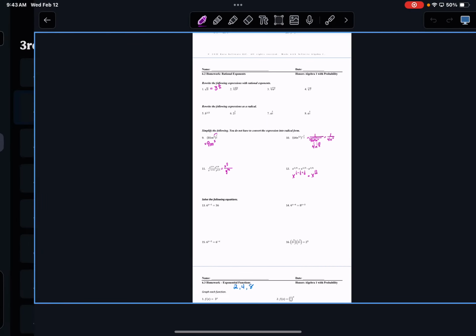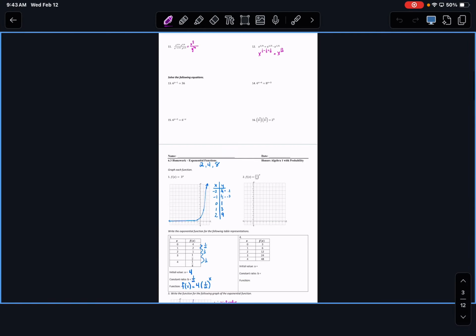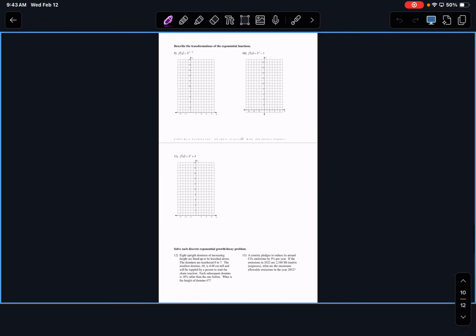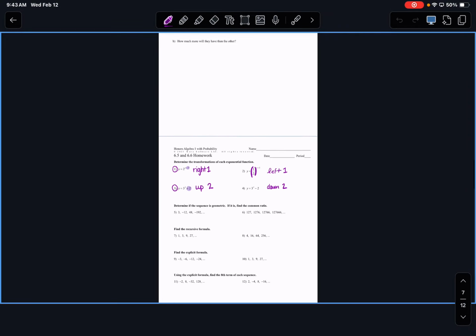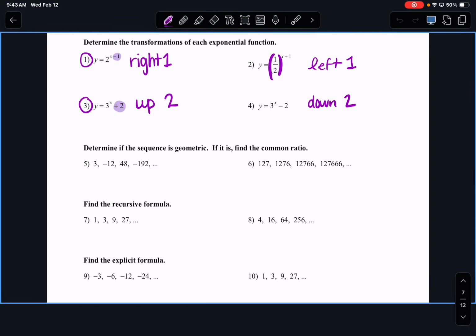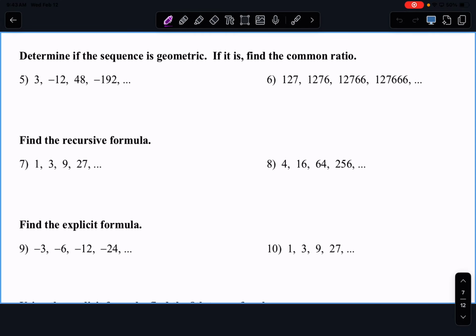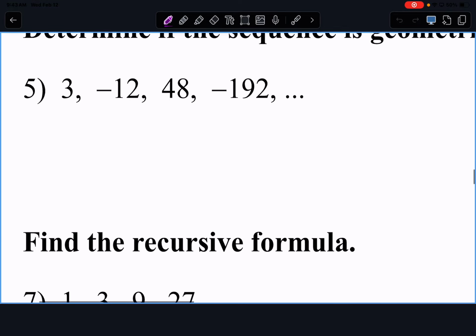So on the homework. All right, so we did the top part of this yesterday. So right here, I just want us to do this part. It just says determine if it's geometric, and if it is, find the common ratio. Is 5 geometric? No. Why is it yes?